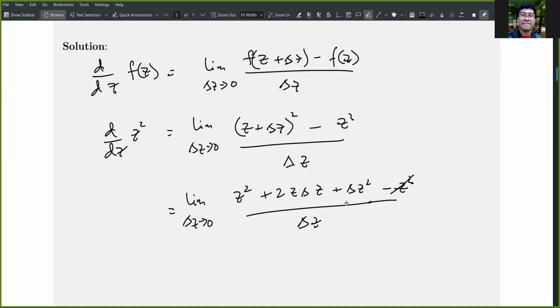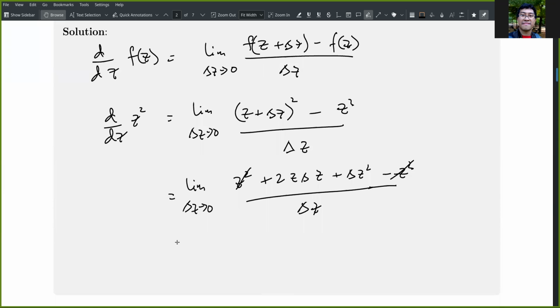So this z squared and z squared cancel. You're left with delta z, and one of the delta z's cancels with the delta z in the denominator. So you have the limit as delta z approaches 0 of 2z plus delta z. You set this delta z to 0. That would be, so our d by dz of z squared equals 2z.